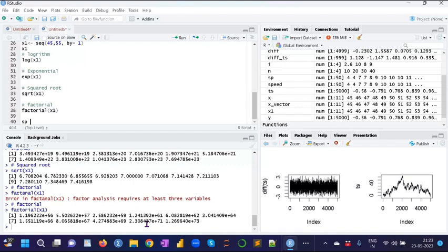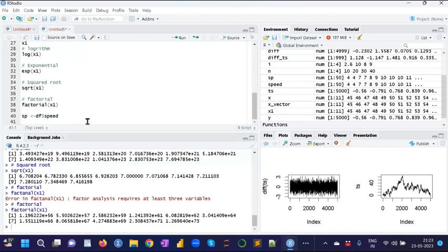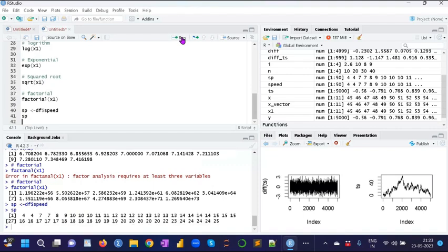Then df dollar, where I want to see the speed. Print the speed. This is the speed. It gives all 50 row values.